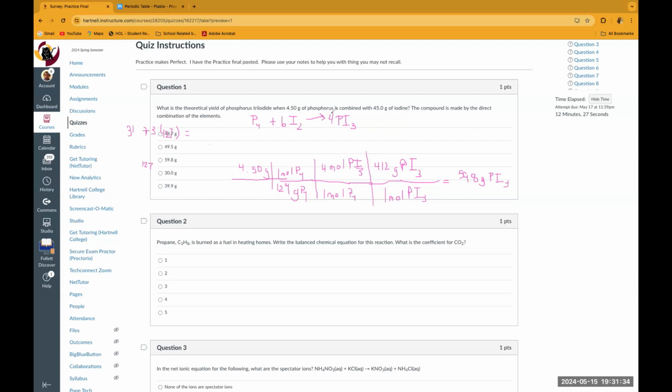Okay, so since I have two different reactants given to us, I'm going to have to do the same thing with the iodine, right? So then we'll have our 45.0 grams of I2.